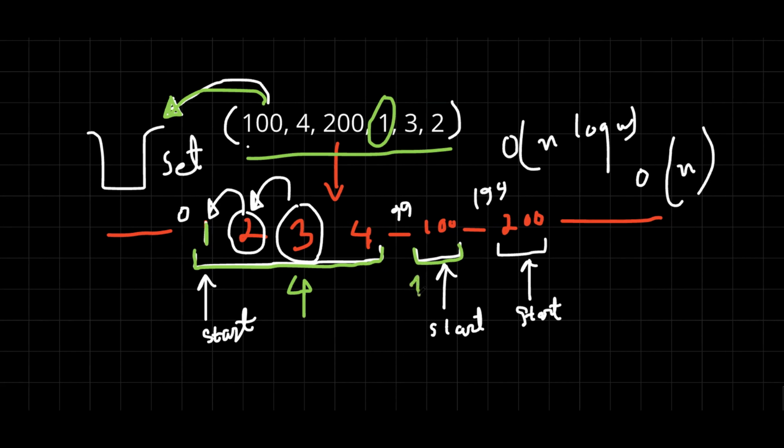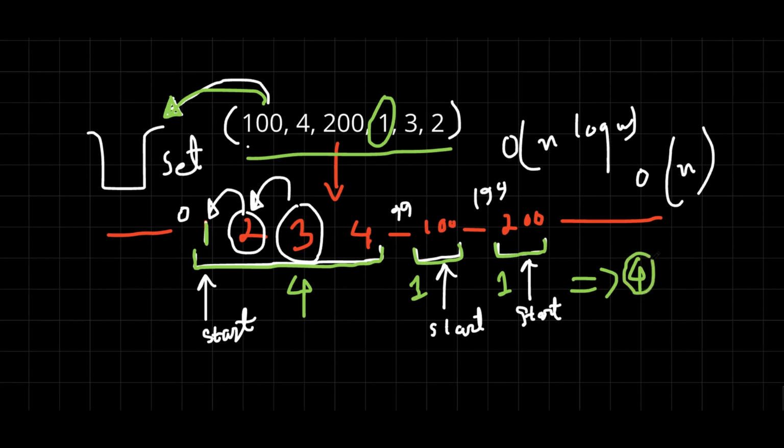So here the output will be 1. And here 200 is another starting point, but it also does not have any other subsequent value. So here the length of this sequence is 1. So the maximum among all of these 4, 1 and 1 will be 4.